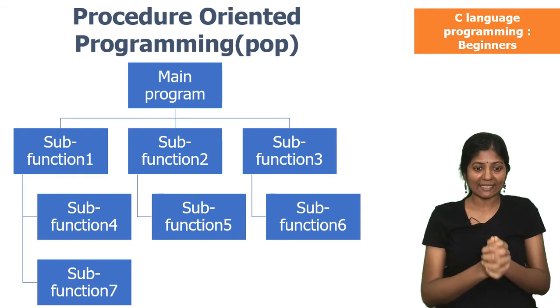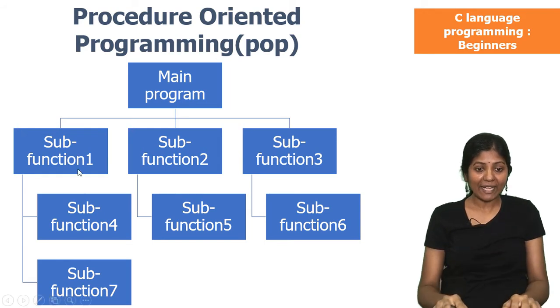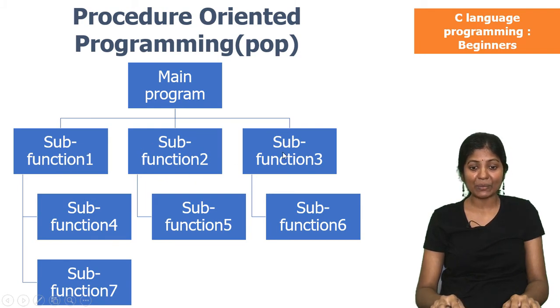When we look at the architecture, we are dividing the main program into small sub-programs, which are called subfunctions, like subfunction 1, subfunction 2 and so on. We will combine these subfunctions together to solve the main program.